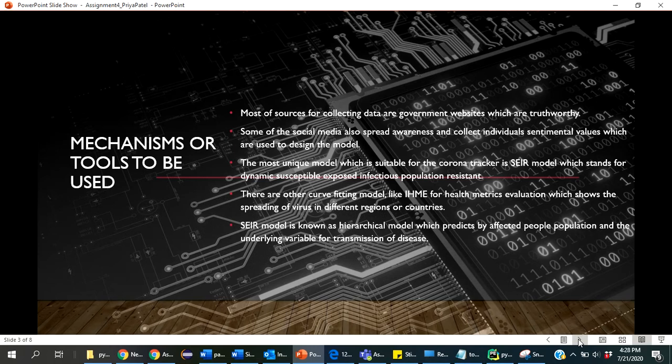There are so many libraries for Python, like matplotlib and numpy, so we can easily plot the graphs the way we need. Some social media also spreads awareness and collects individual sentimental values which are used to design the model, so that kind of data we also need. So we have different kinds of data we can collect and use for future purposes.